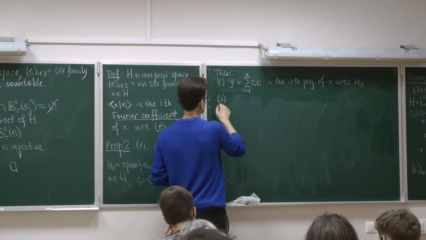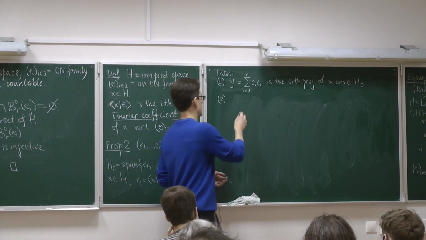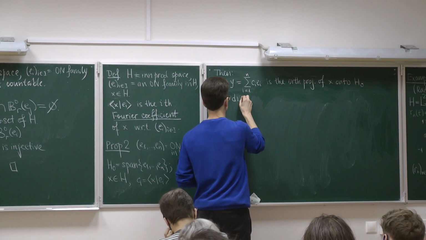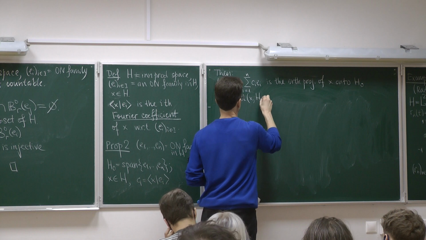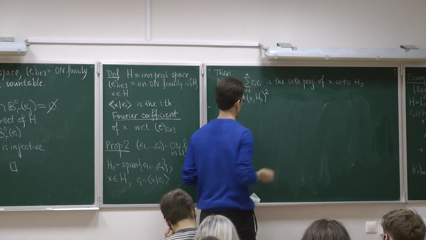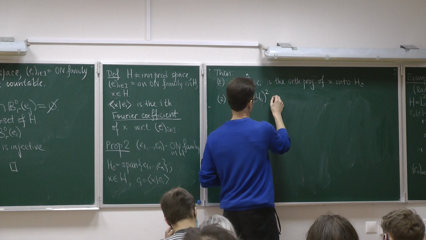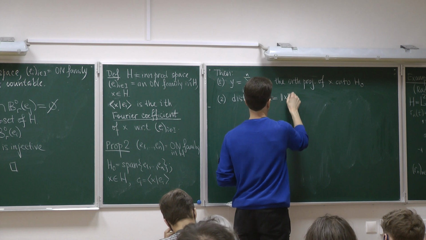And part 2, we have the following explicit formula for the distance between x and H_0. The square of this distance equals the following expression.